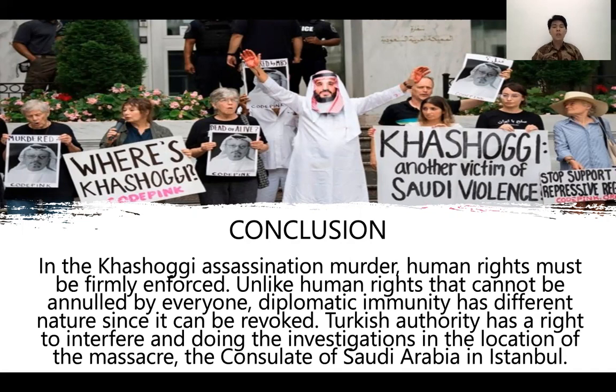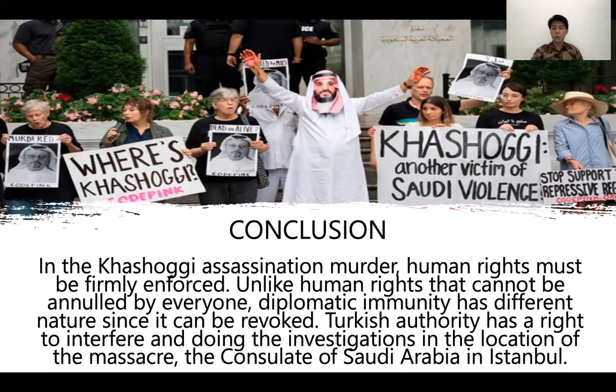In the Khashoggi assassination murder, human rights must be firmly in force, since human rights cannot be annulled by anyone. Diplomatic immunity has a different nature since it can be revoked based on articles in the Vienna Convention 1963.